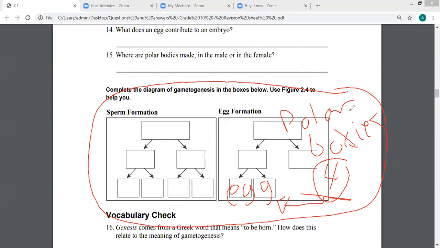Okay. Question number 15: polar bodies are made in male or female? They're made in female. And the importance of the polar body: they are broken down and carry a little amount of DNA.